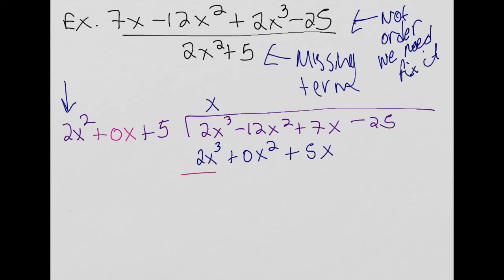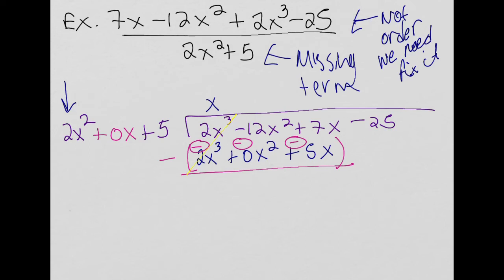I'm going to draw my line, put my parentheses, put my negative on the outside. This negative changes the sign of everything on the inside. That's one of the most important parts of this. Students tend to get that part confused. First terms cancel.